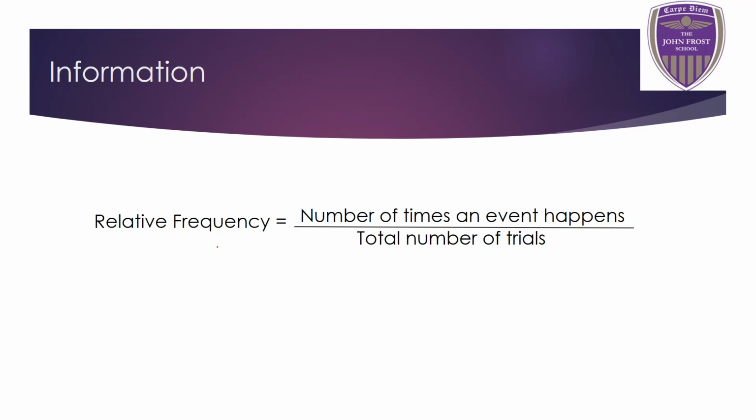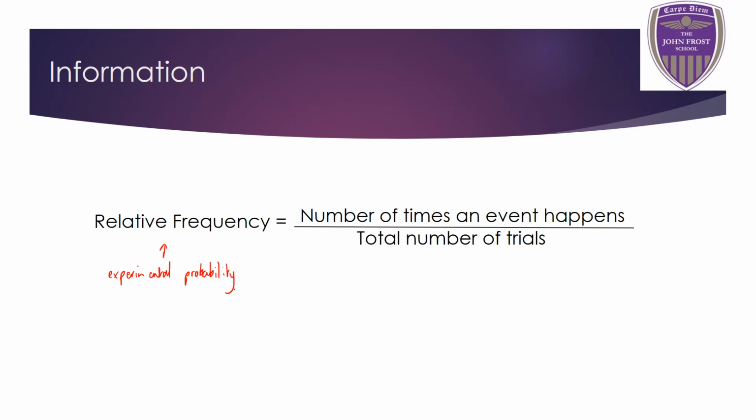So just a bit of information for you then. To work out what's called relative frequency, we work out the number of times from the experiment that an event happens. We put that in a fraction over the total number of trials. So relative frequency can also be known as experimental probability, because the information that we're getting is as a result of an experiment.